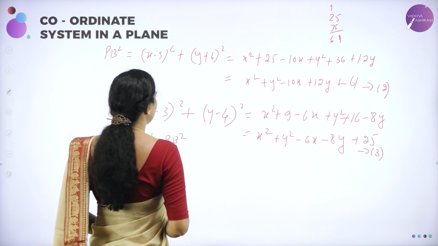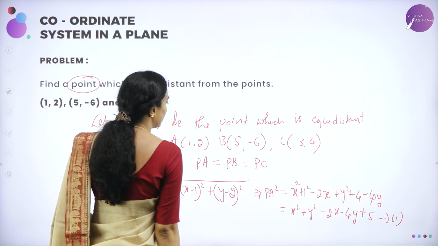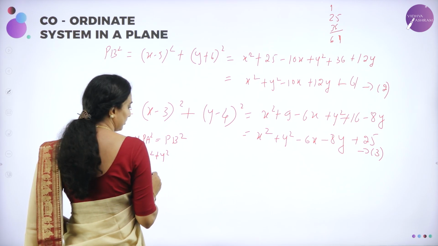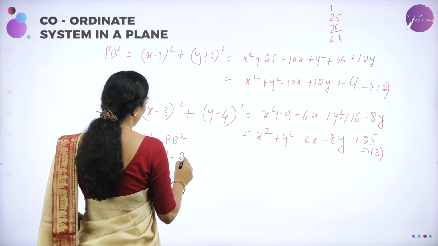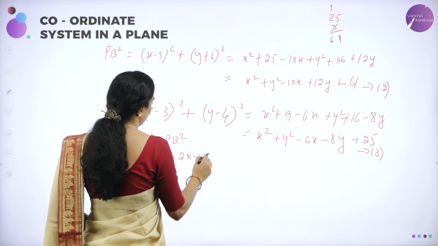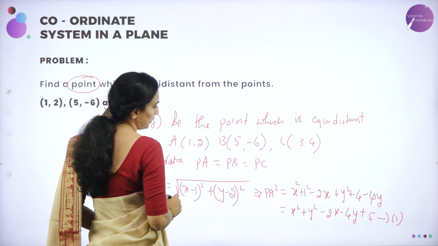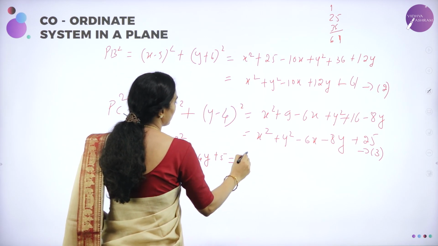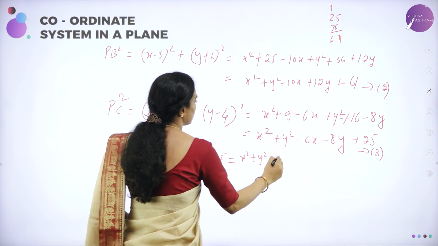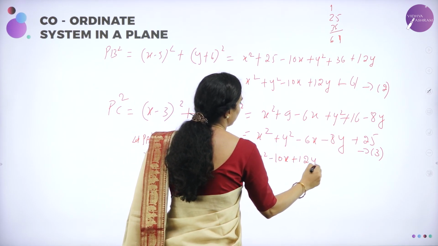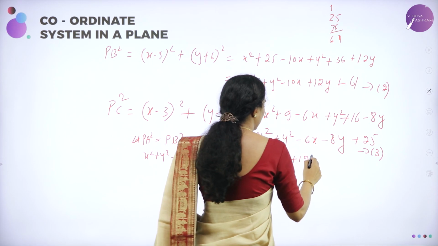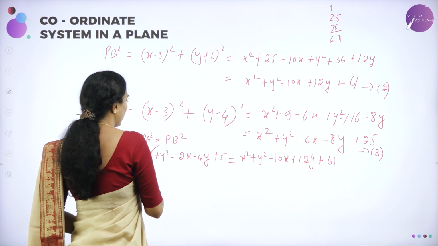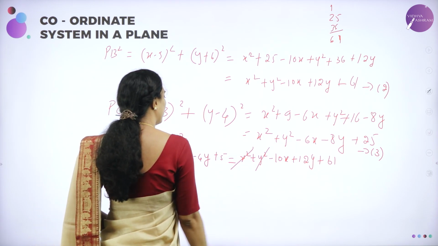Let me equate these two. x squared plus y squared minus 2x minus 4y plus 5 is equal to this equation: x squared plus y squared minus 10x plus 12y plus 61. If you equate these two, x squared gets cancelled, y squared gets cancelled.